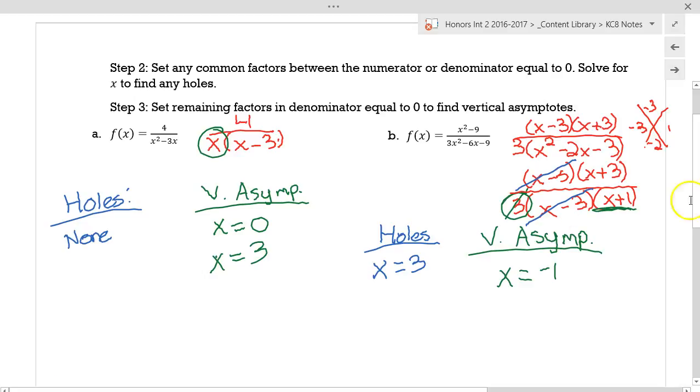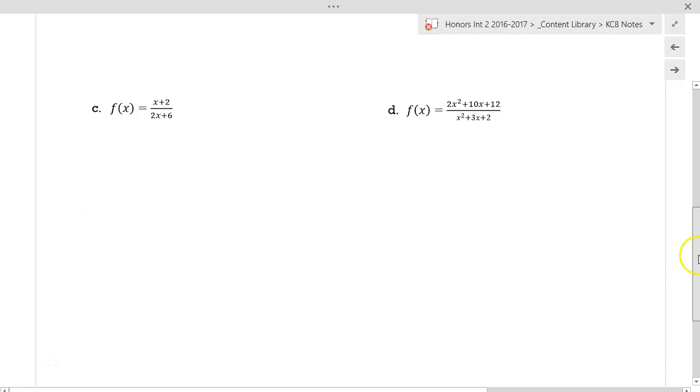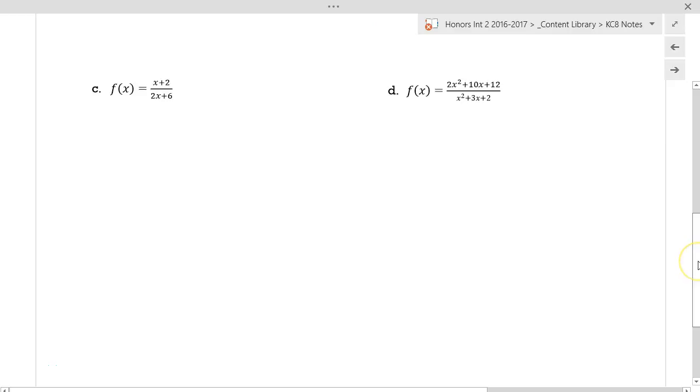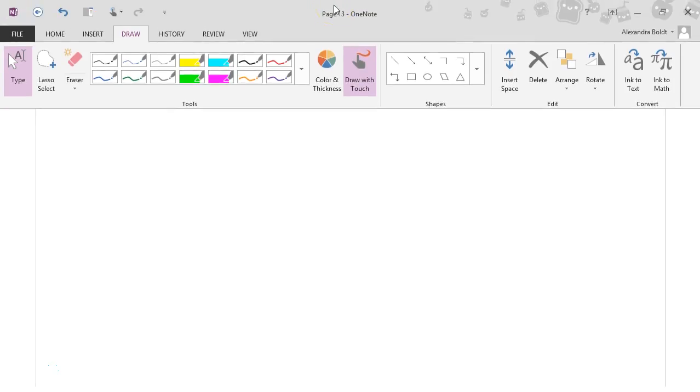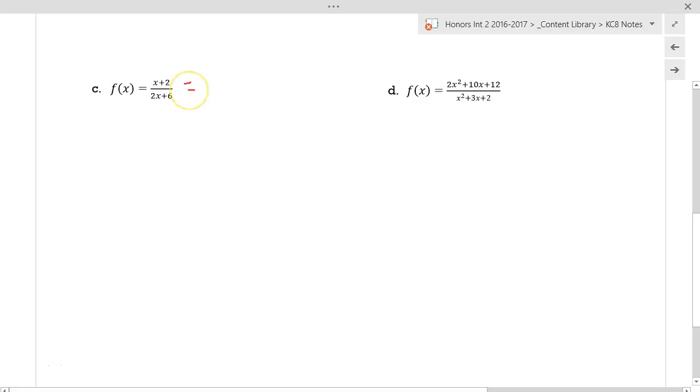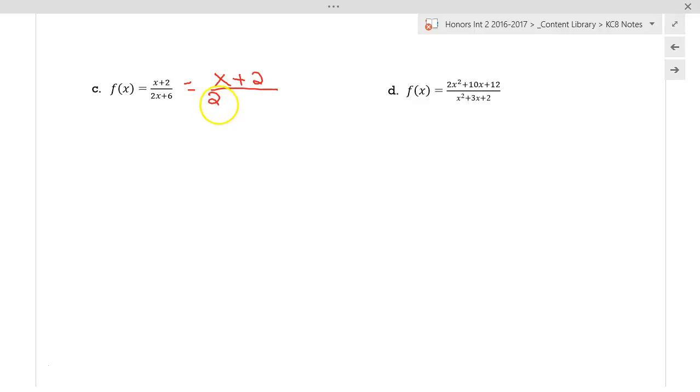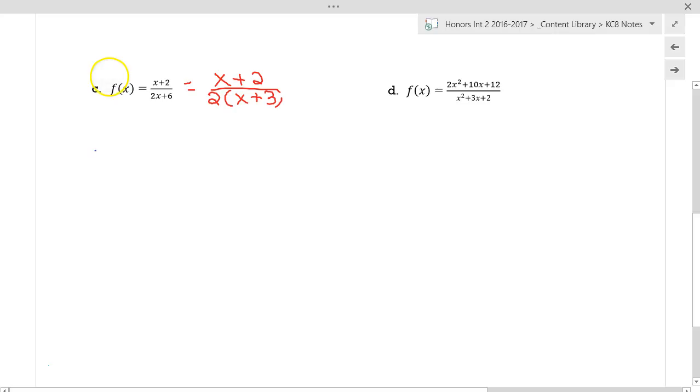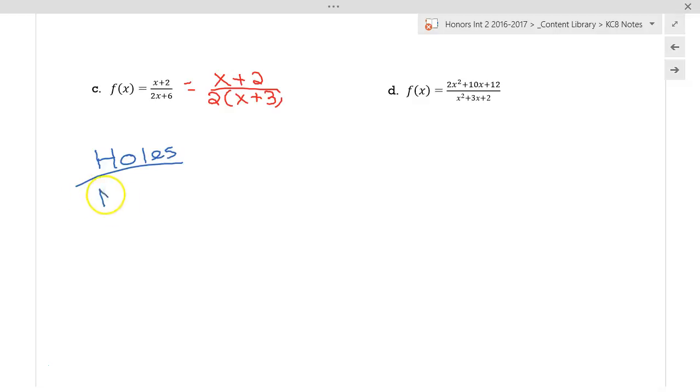Alright, looking at our next example. I have x plus 2 over 2x plus 6. That's x plus 2 over, I'm going to pull out the 2, x plus 3. Starting with holes, I can't cancel out any factors, so there's none.